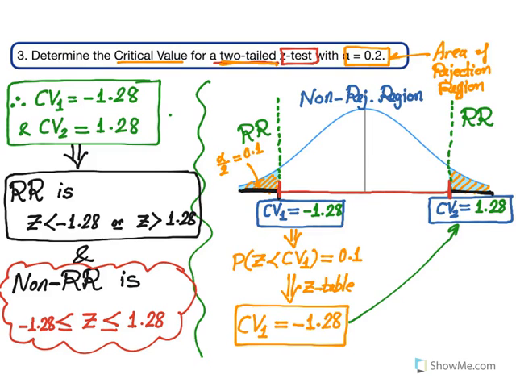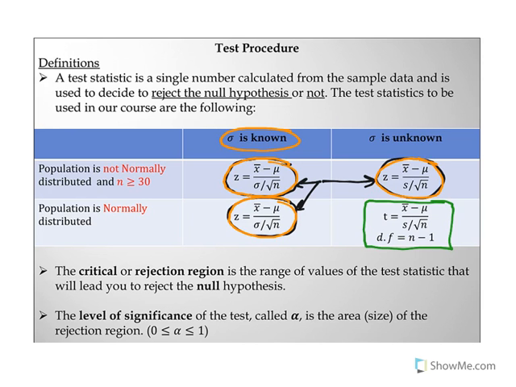And please remember that the question will also give you x bar, mu, sigma, and the sample size, or s sometimes, not sigma. So you need to compute the test statistic. Just to tell you here, the test statistic is z or t, depending on the situation.